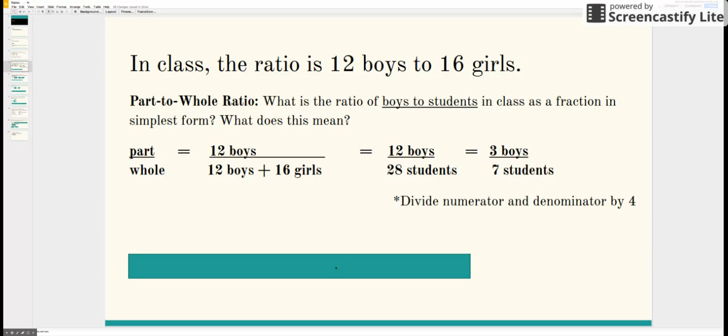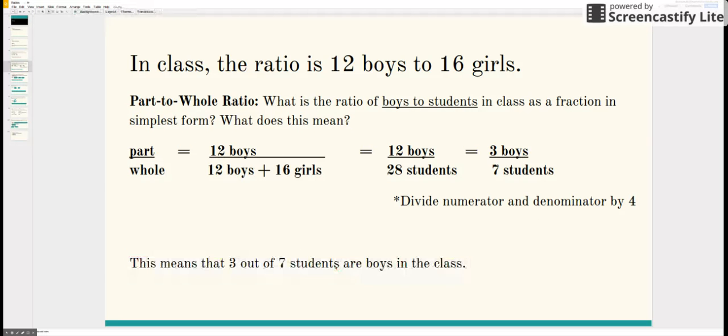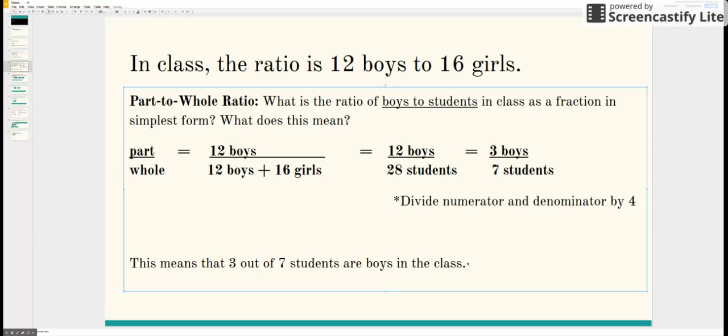As for what does this mean? This means that 3 out of 7 students are boys in the class. Or if you want to word it a different way, for every 7 students, there are 3 boys.